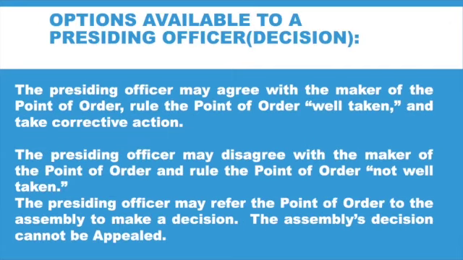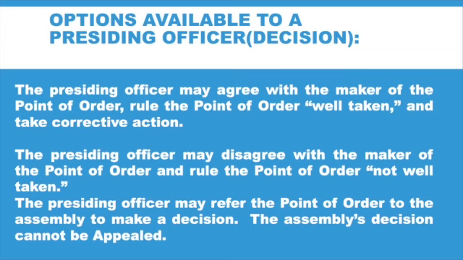Now, if you're the presiding officer, you can agree with the maker of the point of order, and then you basically say, well taken, and then take the corrective action. But the presiding officer can also disagree with the maker of the point of order and rule the point of order not well taken.